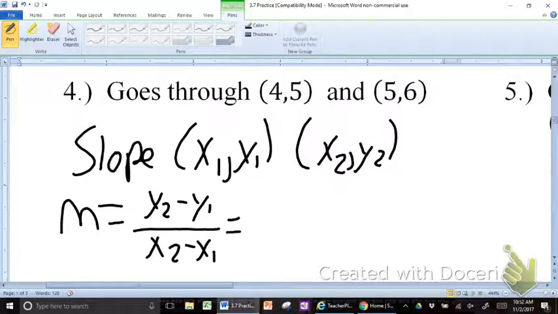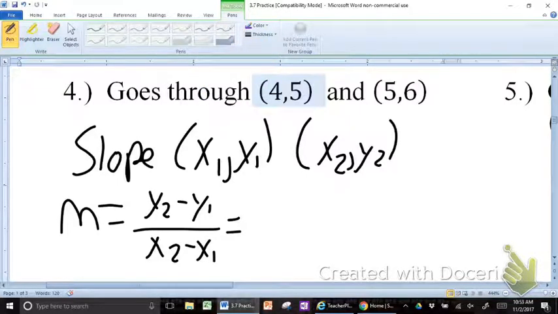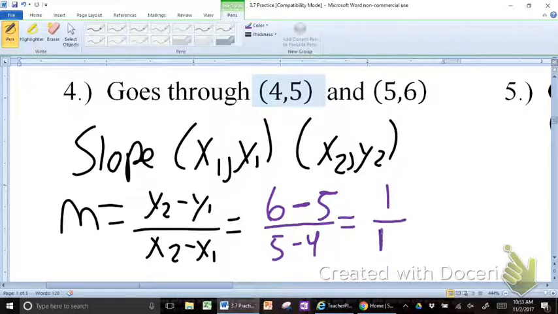So we'll just take the points in order. (4, 5) will be x1, y1, (5, 6) will be x2, y2. So I'm going to plug into my formula. 6 minus 5, y2 minus y1, over 5 minus 4, x2 minus x1. 6 minus 5 is 1, 5 minus 4 is also 1, so my slope is m equals 1.